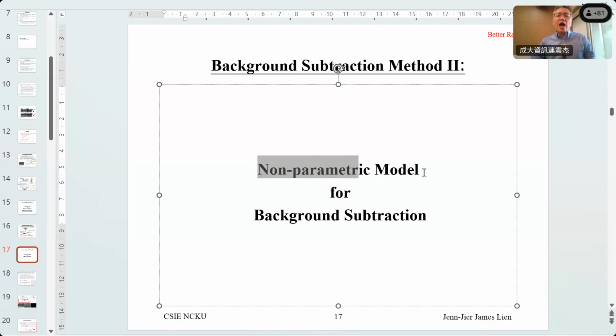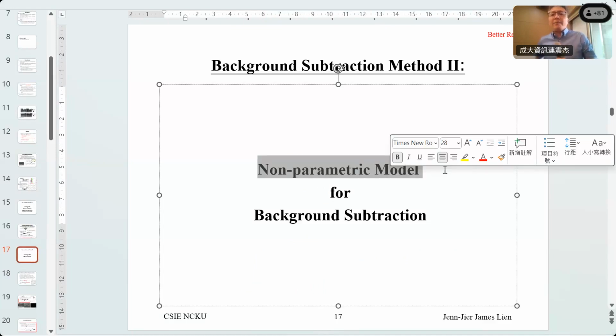So how can you use a non-parametric model to model your Gaussian model?